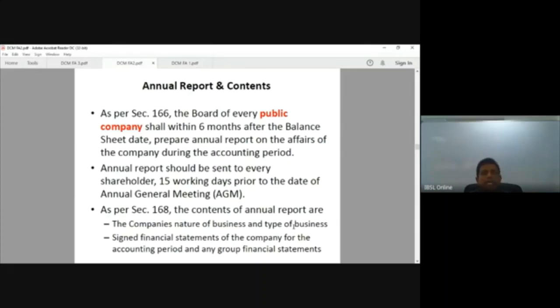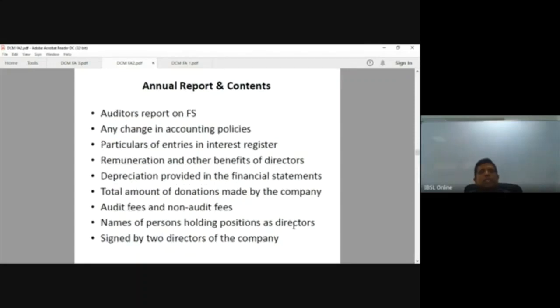Then the signed financial statements of the company for the accounting period and the group financial statements. Then the auditor's report on the financial statements. Normally these financial statements should be audited, and the report should also be included in the annual report.